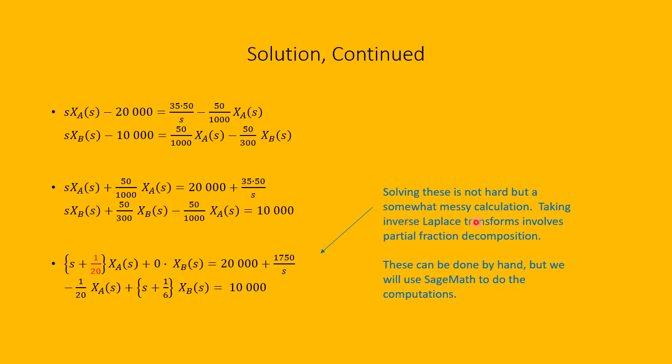And taking inverse Laplace transforms after that involves partial fraction decomposition. We could do all of this by hand, but we've done that sort of stuff by hand earlier. And so we're going to use SageMath to do these computations for us, starting on the next slide.